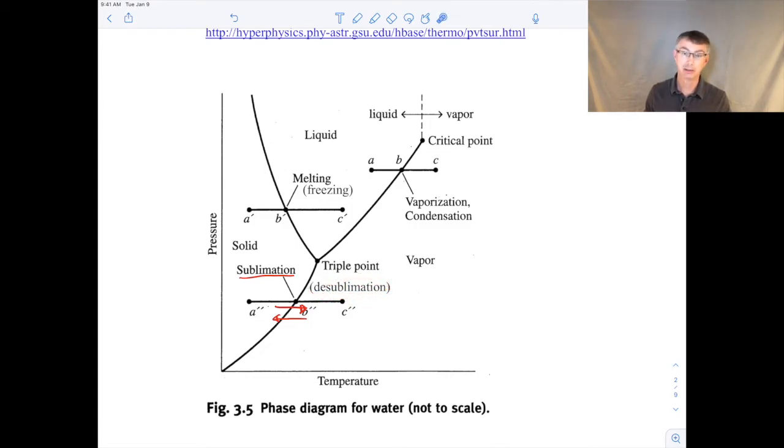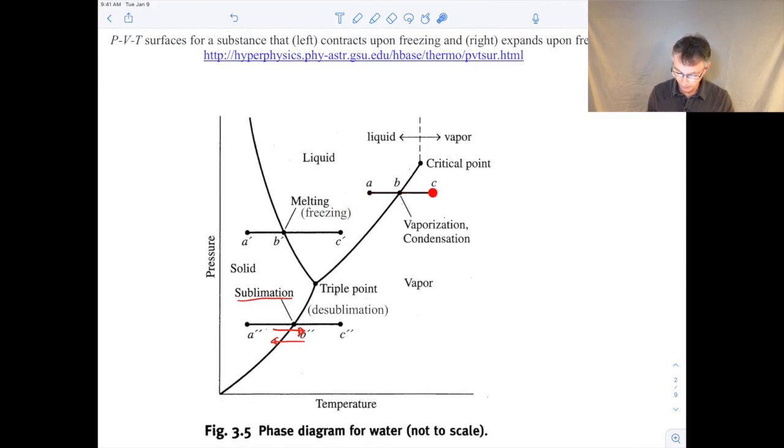Not a very imaginative name, but it's descriptive nonetheless. When you go from a solid to a liquid, that's called melting. You're familiar with that. And then when you go from a liquid to a solid, that's called freezing. You're familiar with that as well. And then when you go from a liquid to a vapor, that's vaporization. And then from a vapor to a liquid, that's condensation.